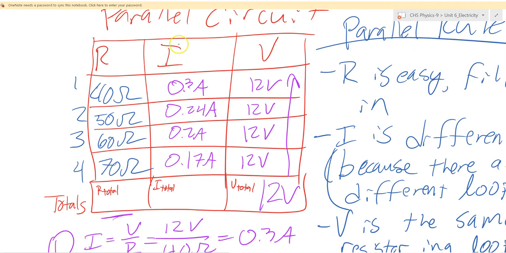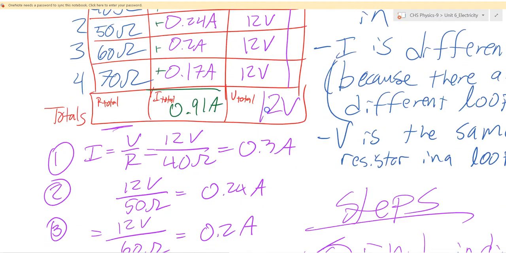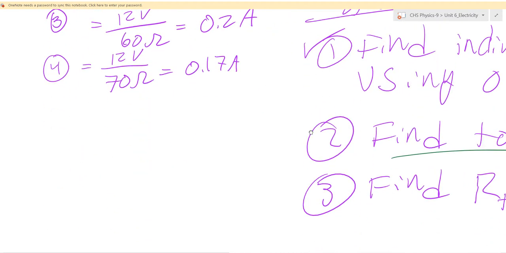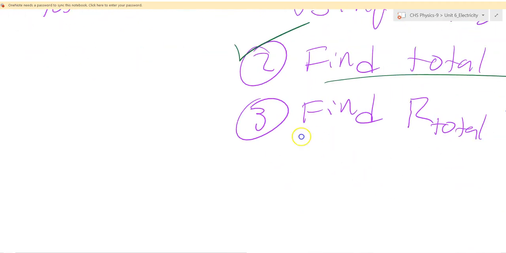In the parallel circuits, we're going to add those up as well. So we're just going to add, and our total that we get is 0.91 amps. Okay, pretty easy. Step 2 is complete.